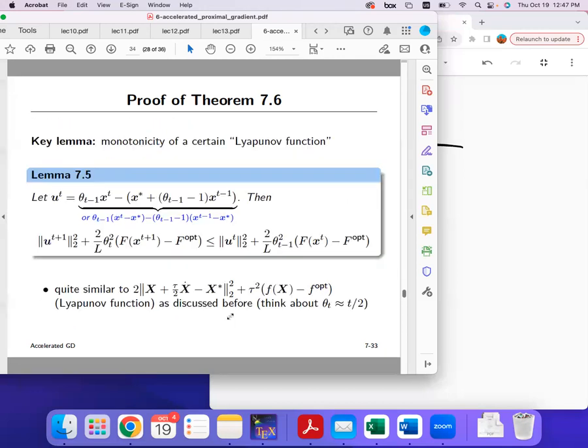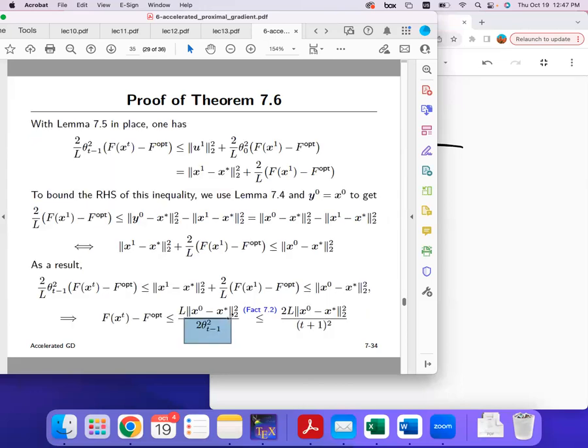So based on this lemma 7.5, the proof of the convergence rate is actually very straightforward. Simply unrolling the inequality and then rearranging the terms, we can get this convergence rate result.